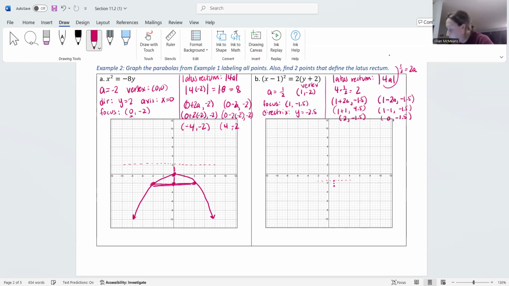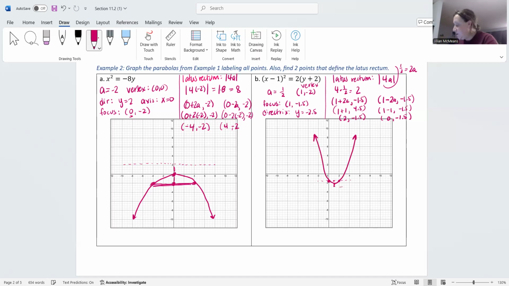So let's plot those points. (2, -1.5) and (0, -1.5). Our parabola is doing this. Shoot, I just drew it at the wrong spot. No, I didn't. I had it right. So the vertex is this one. We're going to go up and up.